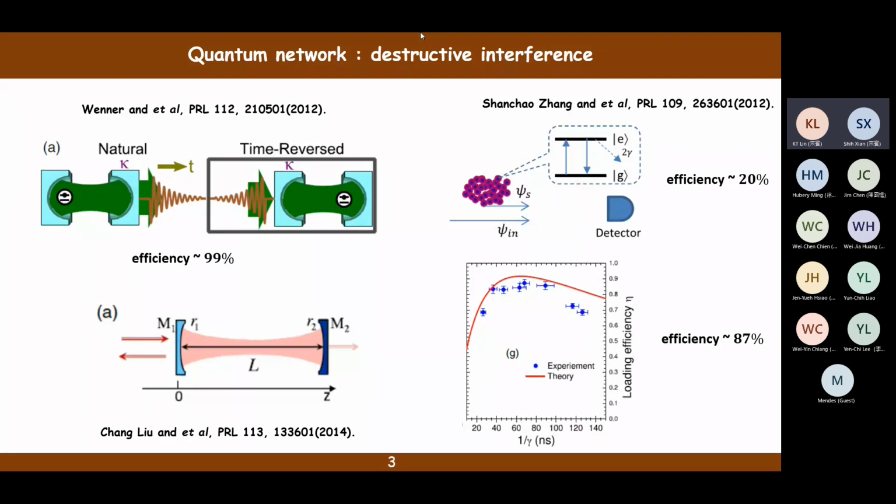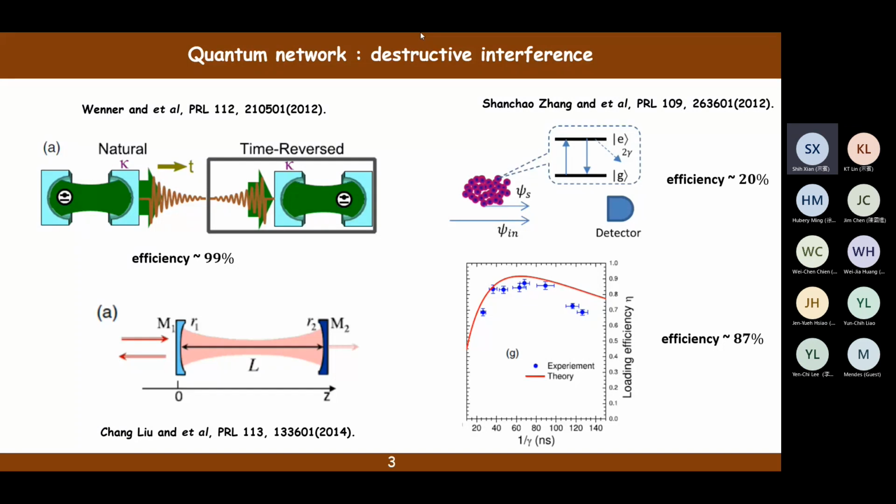I just want to emphasize the input is the same: one is the single qubit in the transmission waveguide, and another is the multiple qubit transmission waveguide, and with the same input, what's the difference between the two?